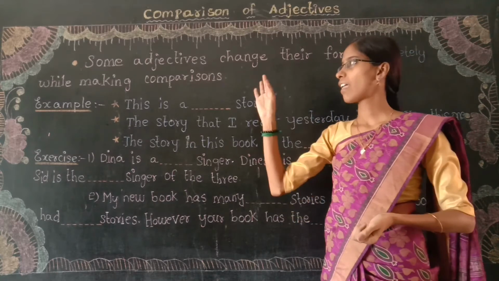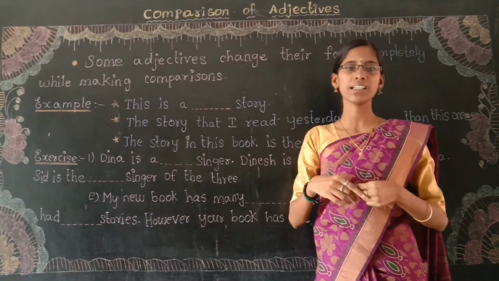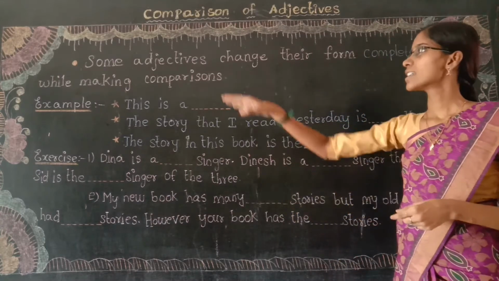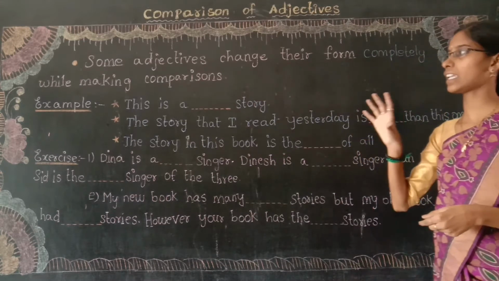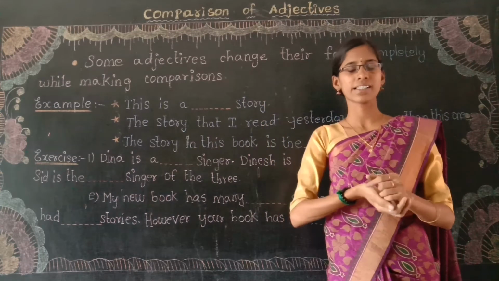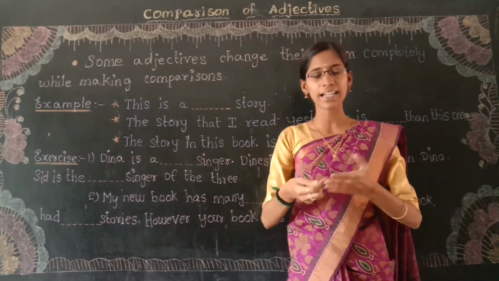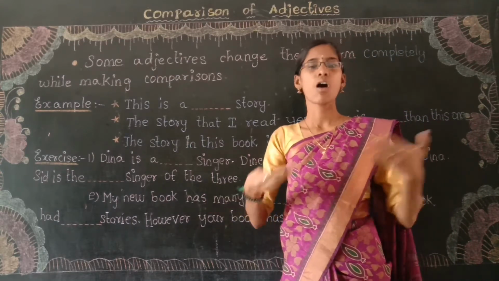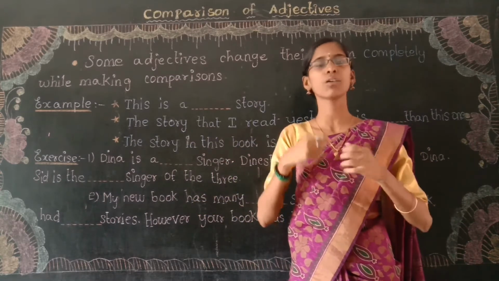Now coming to the third rule. So what is the third rule? How is it different from the others? It is very different, because some adjectives change their form completely while making comparisons. Yes. So in our first two rules, we just add er or est or more or most or less or least to the adjective words.